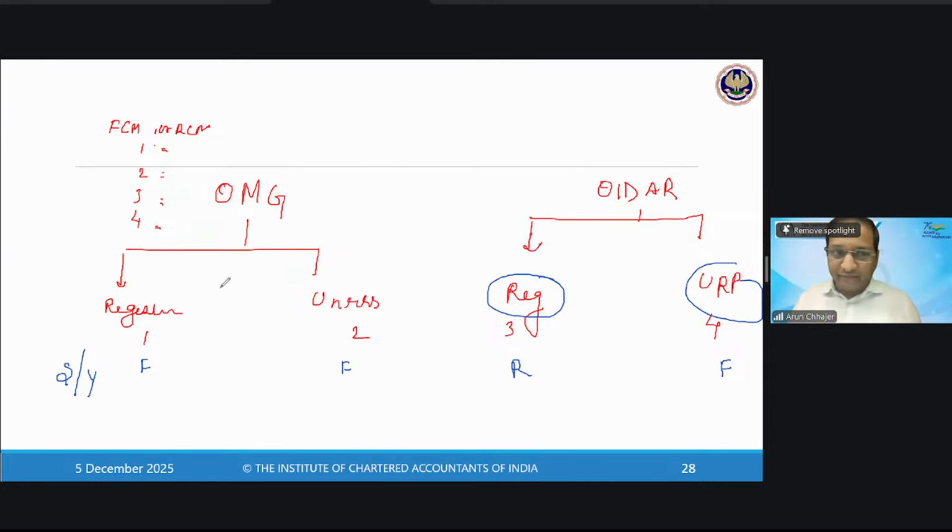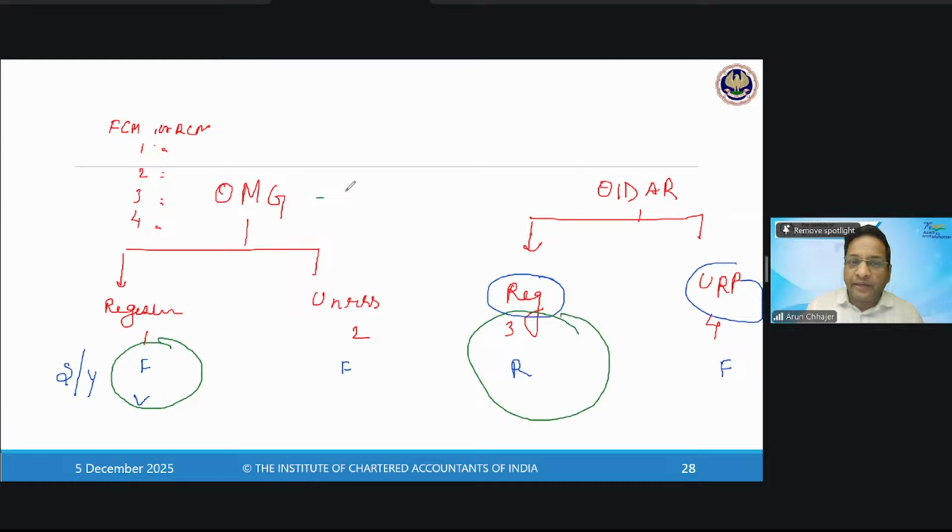Answer is correct. Absolutely correct. Now the only point which I like to highlight is this part and this part. Online money gaming is goods and OIDAR is goods or service? Service.